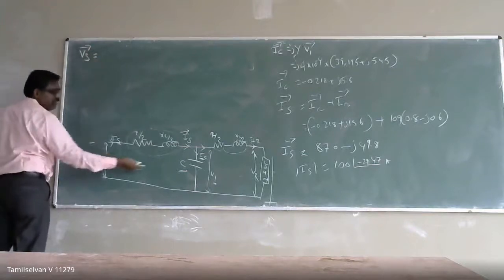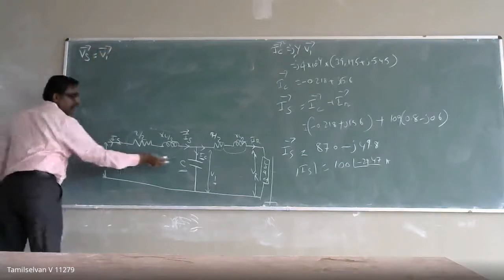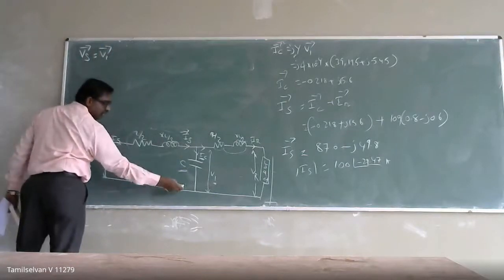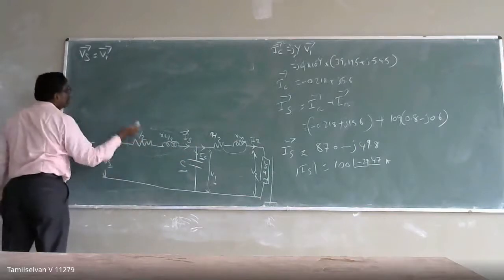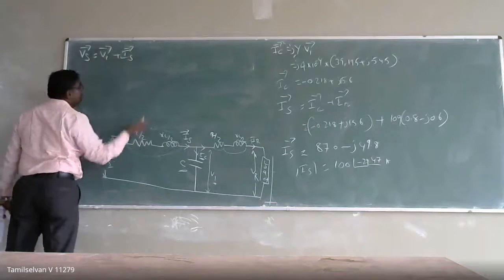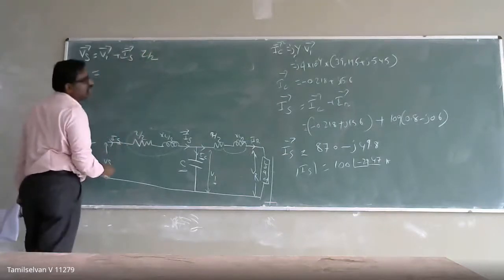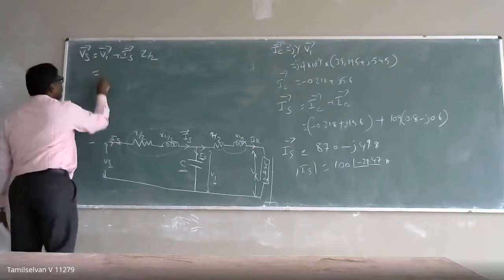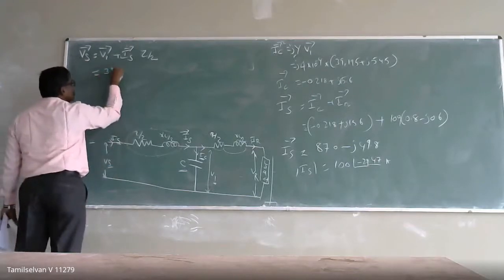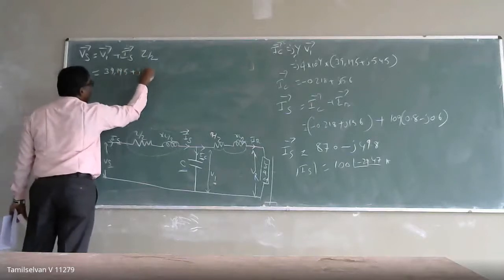Vs vector is nothing but the V1 vector, the voltage across this capacitor, plus the drop across this impedance section. It means Is vector into Z by 2. The V1 value given is 39,195 plus j545.